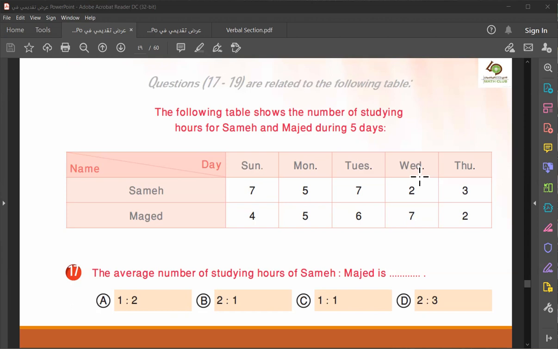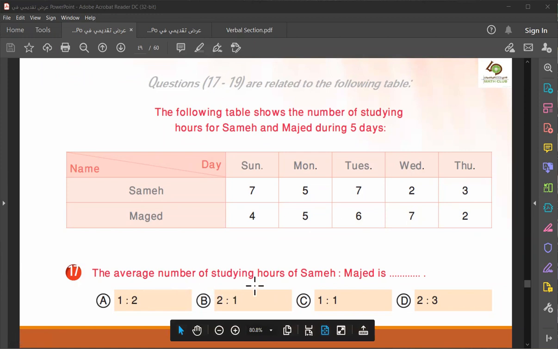Okay, number 17 now. The average number of studying hours of Sameh. What I will do here, the average. Do you know how I solve it?